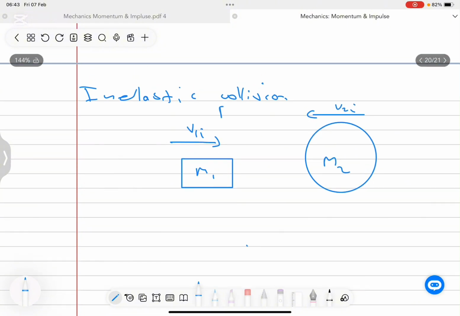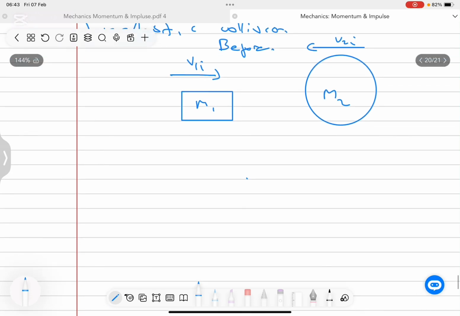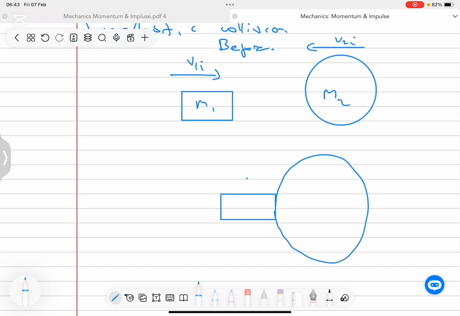This is before collision, because they're coming towards each other. Now, let's say they collide here. We have m1 and we have m2. So this is during collision.